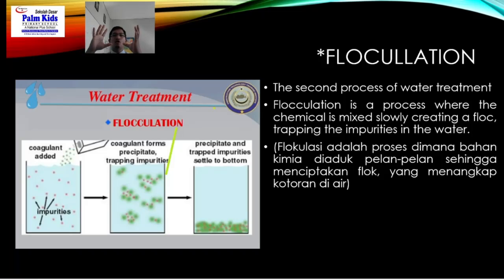So basically, once the chemical is put in the water, in flocculation, it will be circulated or mixed with some machine, and when it's mixed slowly, the chemical will have a reaction that creates a bubble that will trap all the dirty things in the water, most of the dirty things.